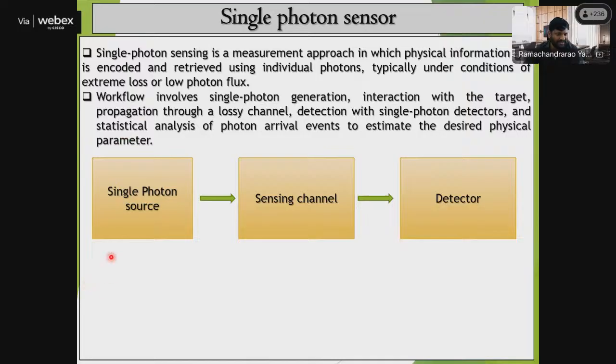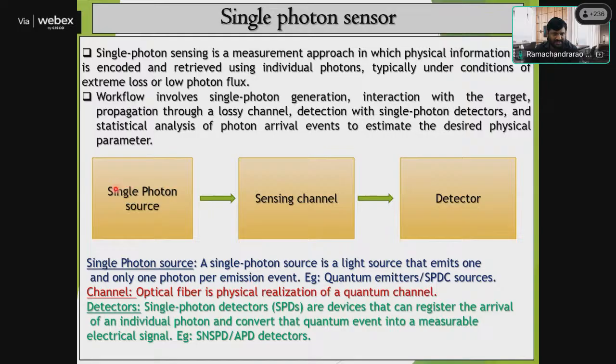So you have a single photon source, which you generate using different technologies. A single photon can be generated using a single quantum emitter, or using SPDC, spontaneous parametric down conversion. You should also have a sensing channel, which means the single photons can flow through some channel.